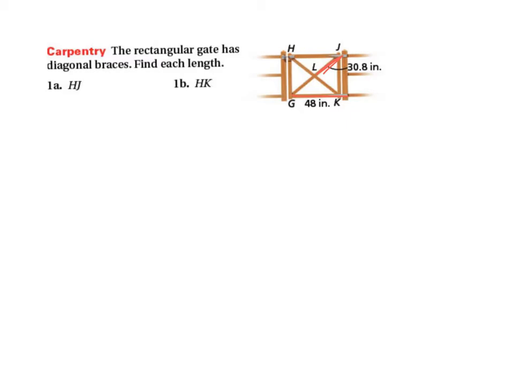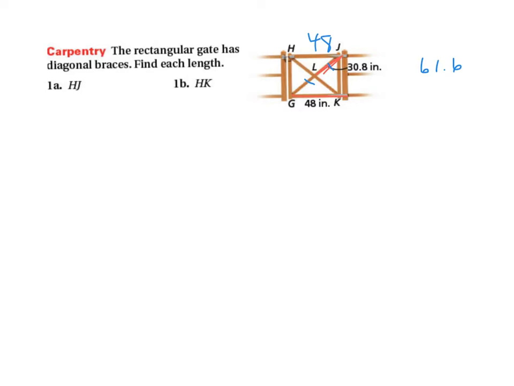So without even seeing what I need to know here, I do know that HJ is 48 because it's a rectangle, it's a parallelogram, so opposite sides are congruent. I know that diagonals bisect each other since this is a parallelogram. So GL is also 30.8, or I can find the whole length. GJ will be 30.8 times 2, 61.6 for the whole diagonal.